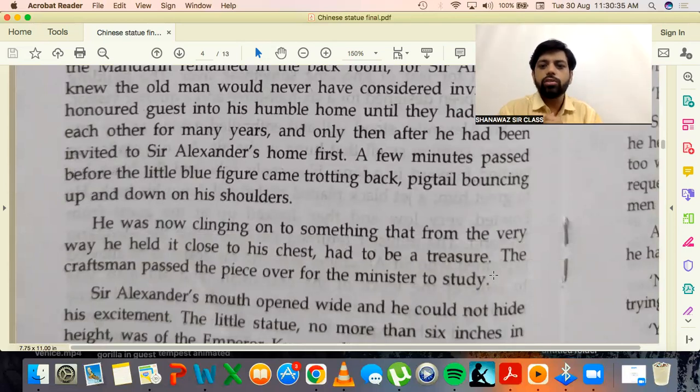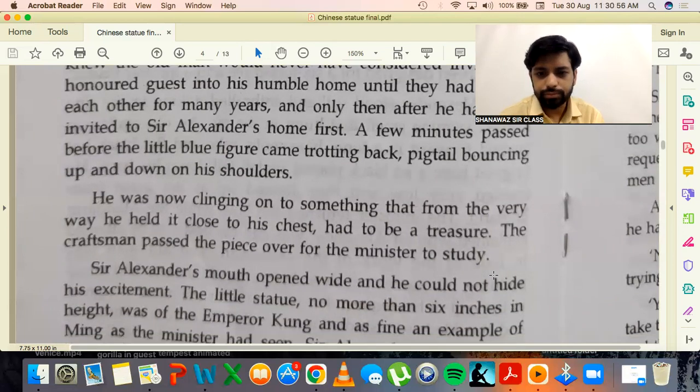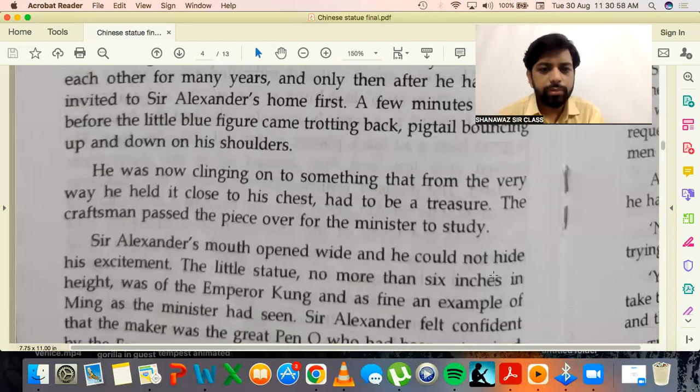The way he was carrying that treasure showed that he really valued it. The craftsman passed the piece over for the minister to study.